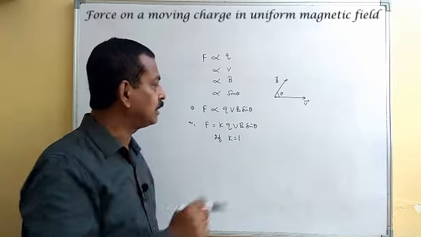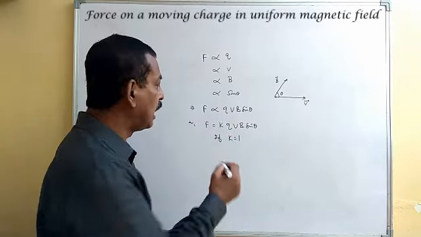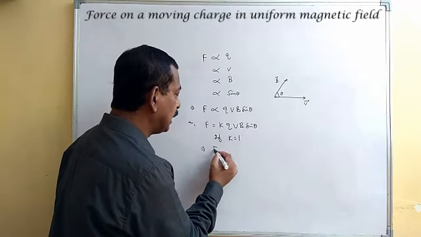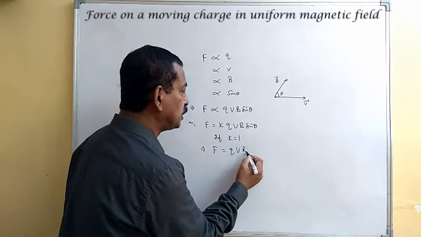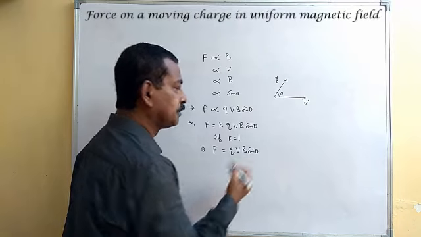Then K will be 1, and in that case F will be equal to QVB sine theta.